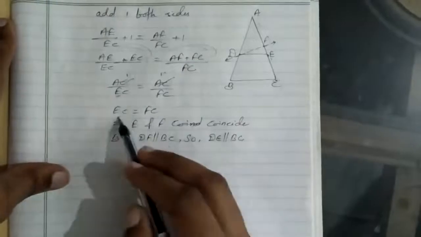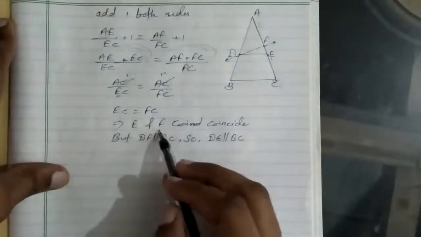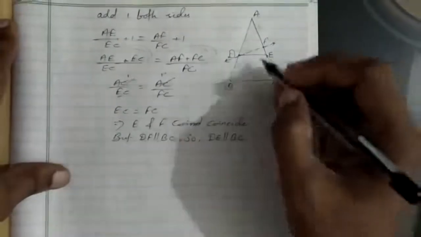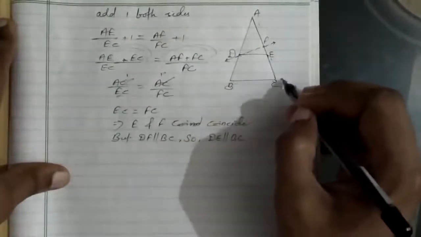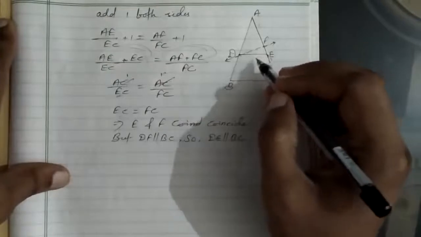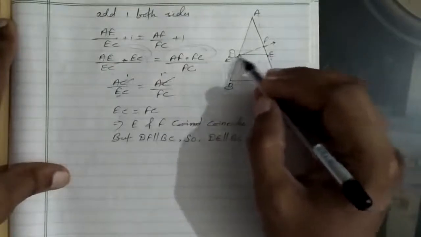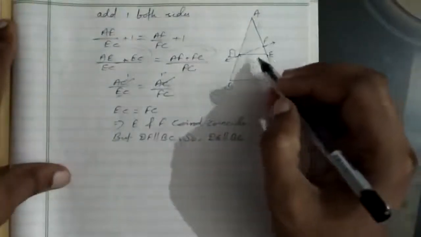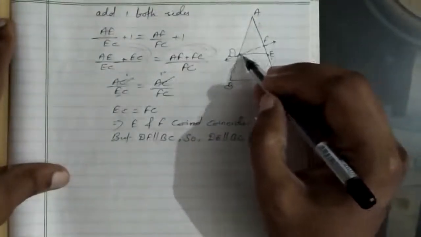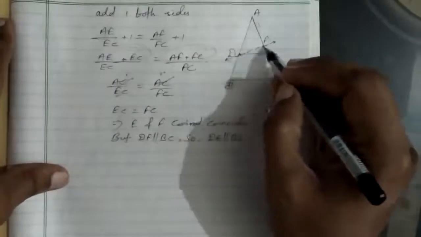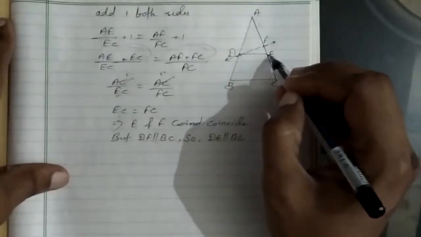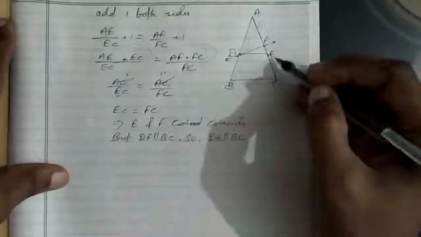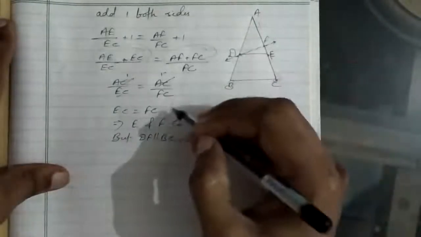So EC equal to FC is possible when E and F coincide, but we are given that DF is parallel to BC, so we can say DE will also be parallel to BC. Here understand one thing, that DF was parallel to BC, but the DF line is coinciding with the DE line. Fine, means falling on the DE line, because the distance of EC and FC is the same.